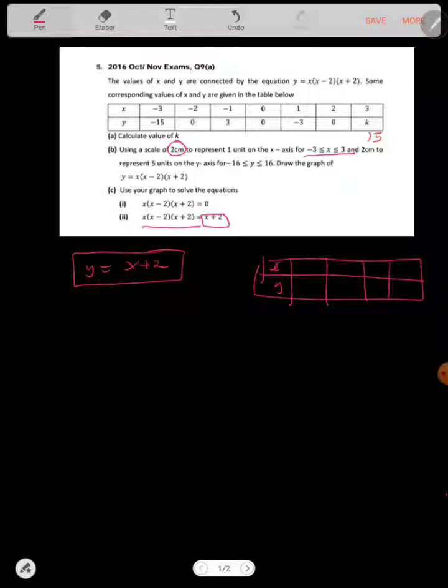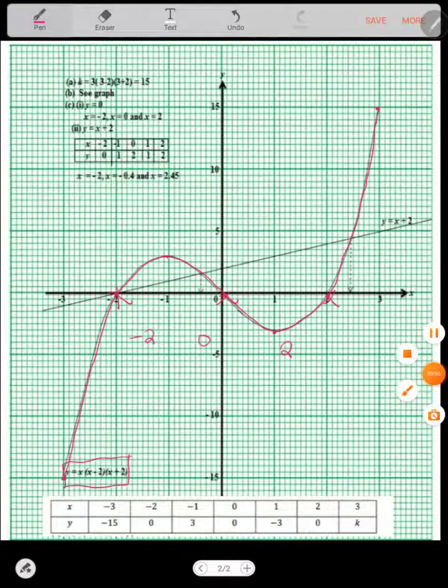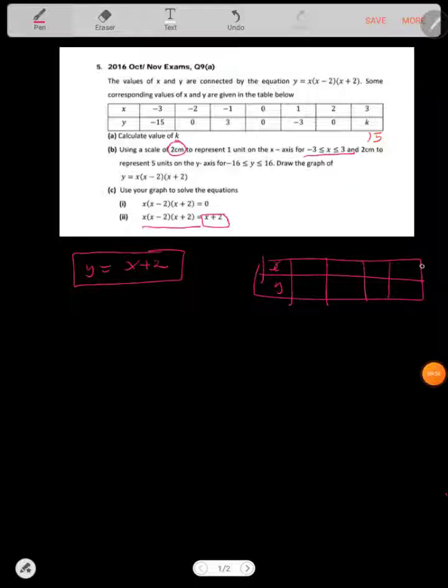For example, I gave myself -2, -1, 0, 1, and 2. So this is the straight line. I need to find the corresponding values of y. If I say y is equal to x plus 2, and put -2 where there's x, it will be -2 plus 2 to give me y is equal to 0. I'm going to put 0 there.